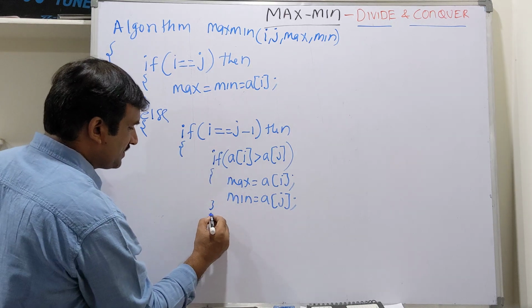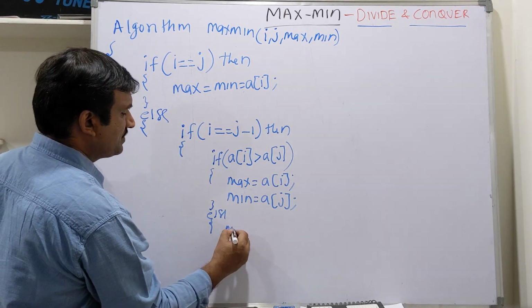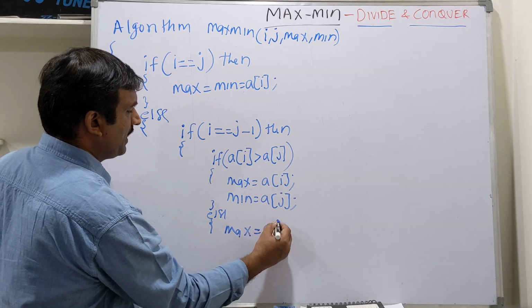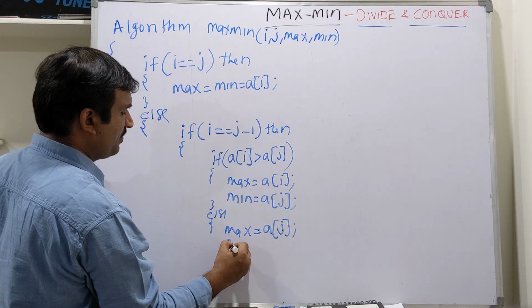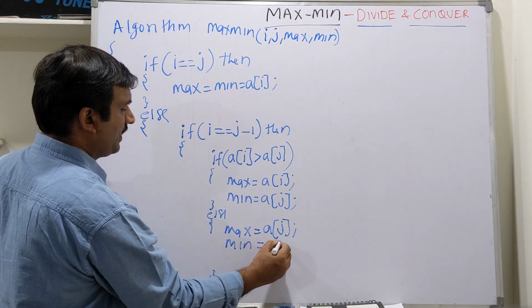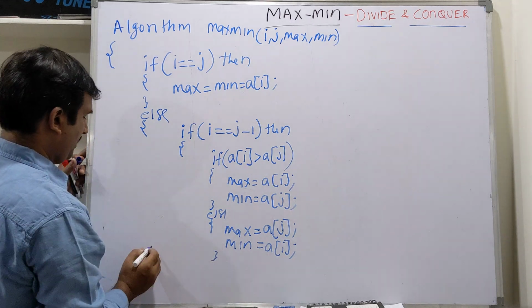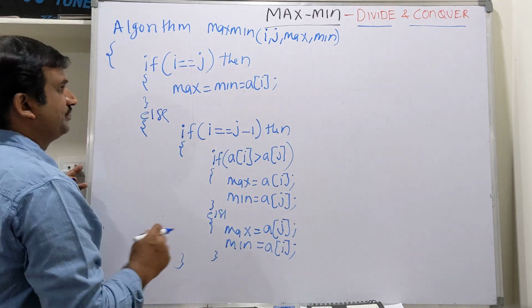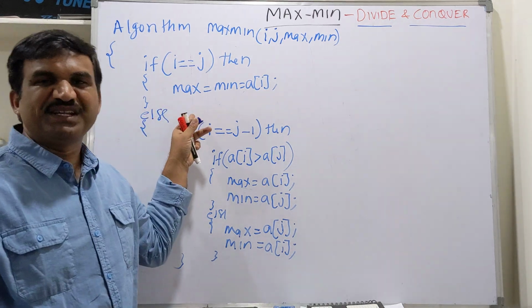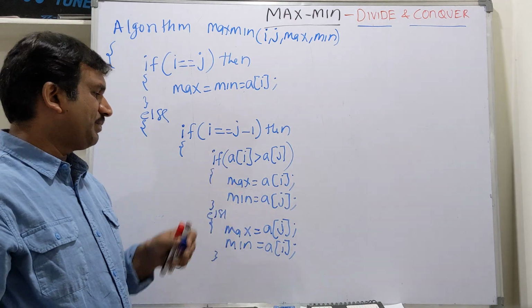If the condition is false, of course, as usual, maximum is equal to a of j and minimum is equal to a of i. Is that clear? So assume we have one element, the same number is maximum and minimum. Here we have two elements, we will compare both.